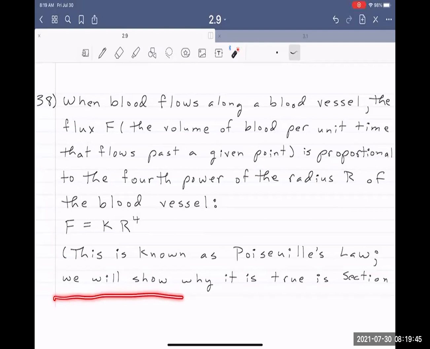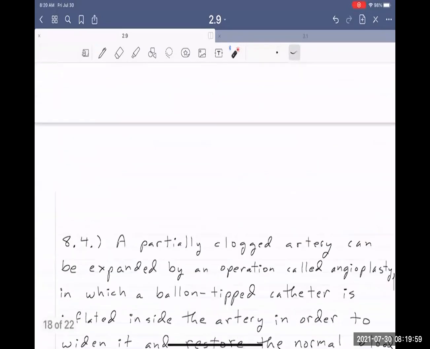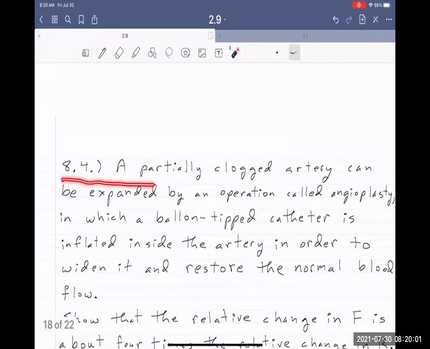We will show why it is true in section 8.4.